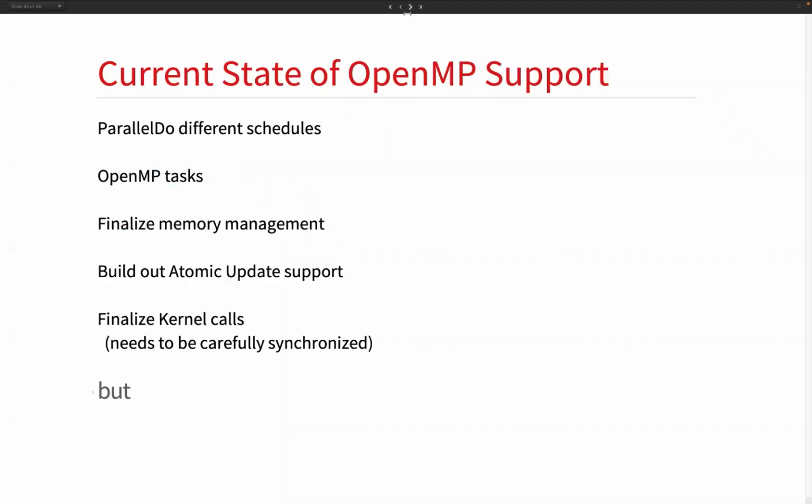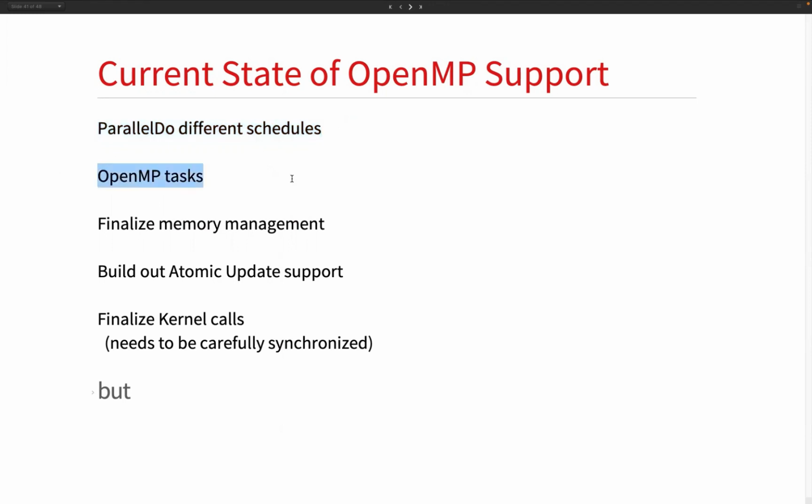What we have not done, that we're working on, is to add different schedules. Again, I'm not going to go into the detail, but there are different ways of whether you just break the whole loop up by number of threads into separate loops, or you do things differently. We just do what's known as static.